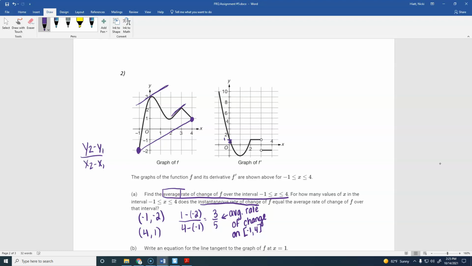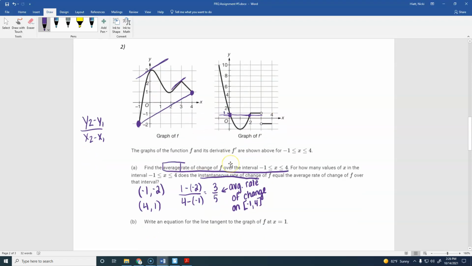So right here, f prime equals 3/5, and right here, f prime equals 3/5. So we can look at this graph and see the derivative has a y value of 3/5 at those 2 points.